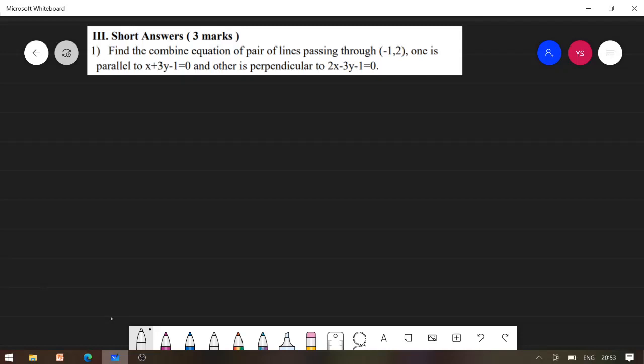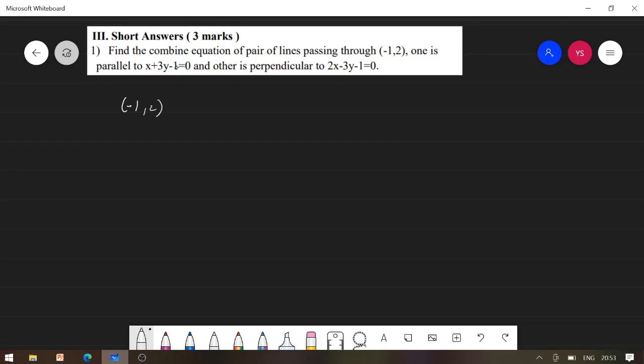So what shall we have to do here? We have a line passing through the point (-1, 2), while one line is parallel to the line x + 3y - 1 = 0.